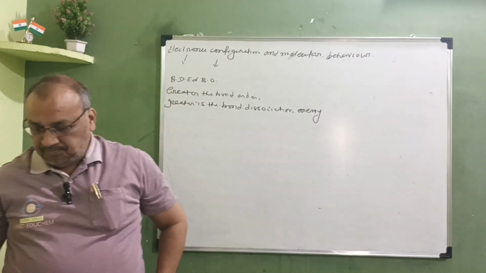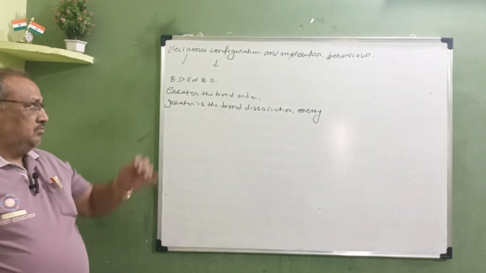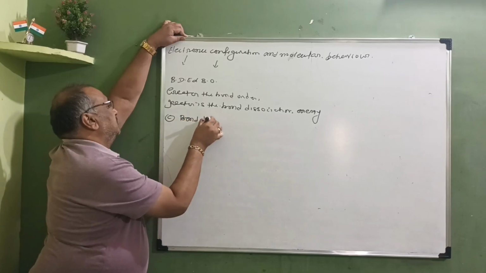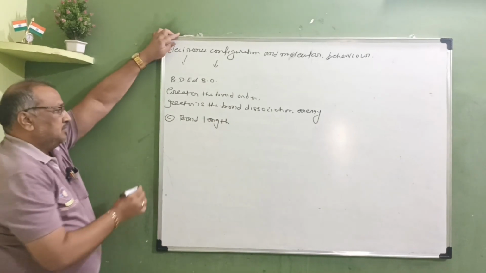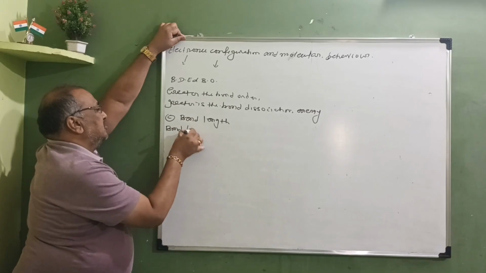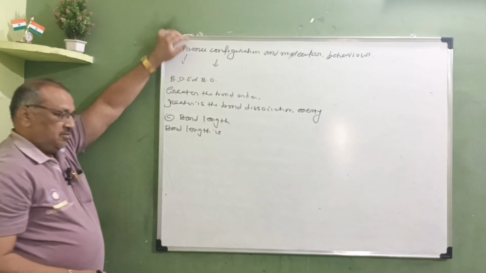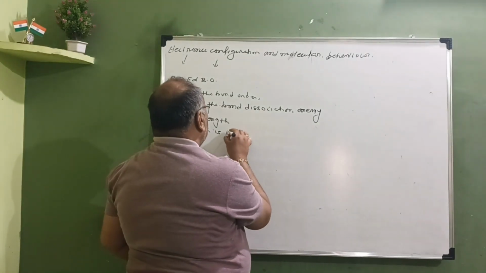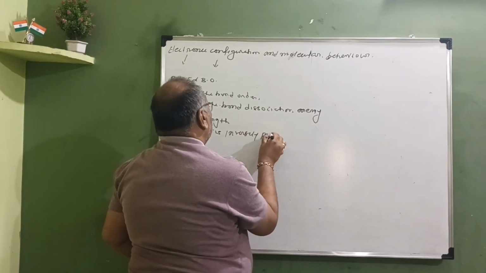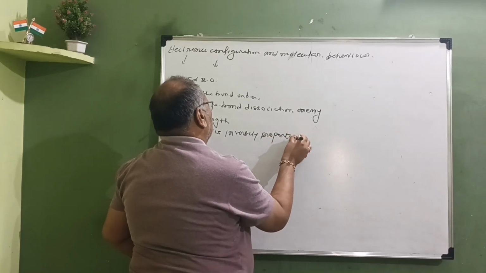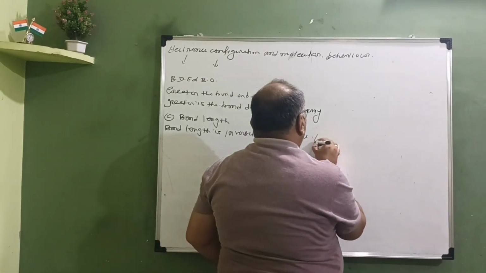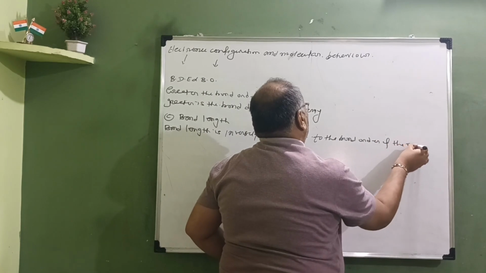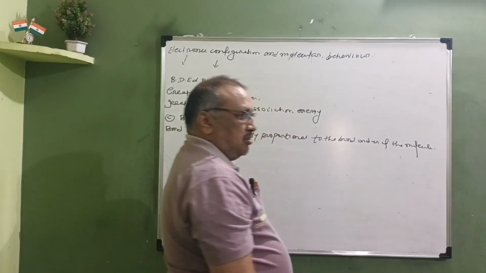Now fourth, bond length. That means your bond length is inversely proportional to the bond order of the molecule.